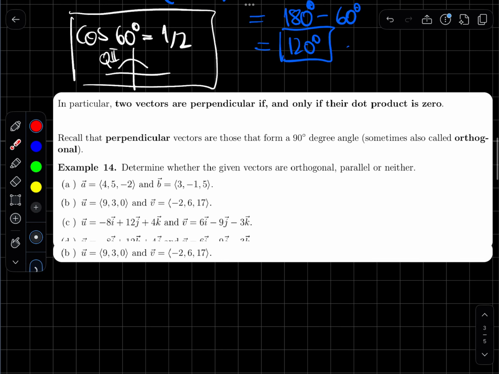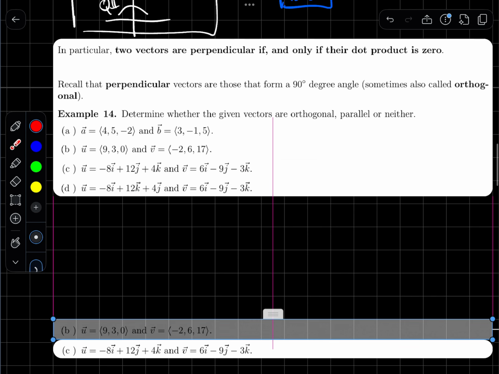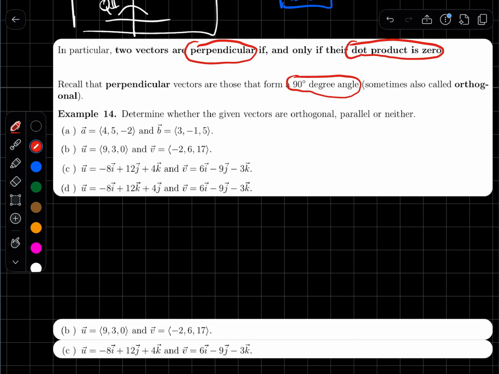All right, now let's talk about this. This is a type of problem that's classic and that you can solve very simply using the dot product. If 2 vectors are perpendicular, meaning 90-degree angle between them, then the dot product is 0.